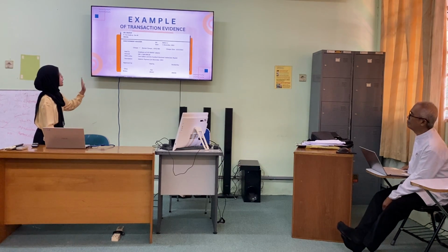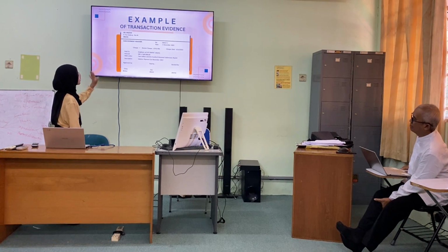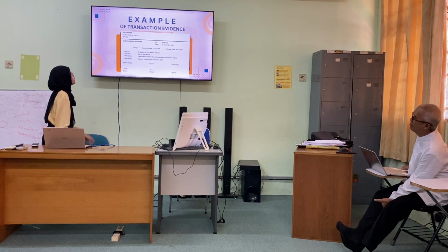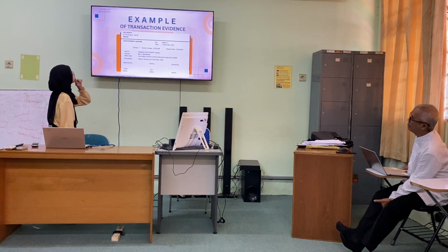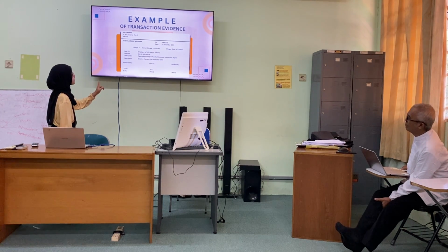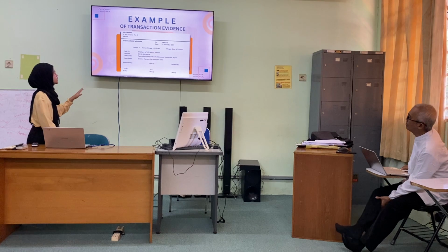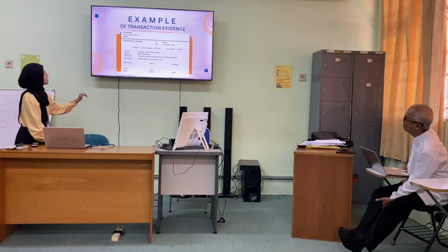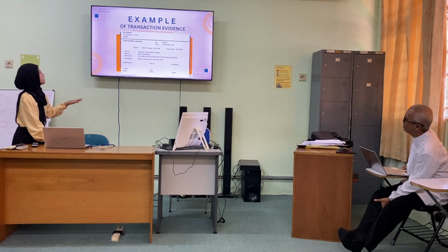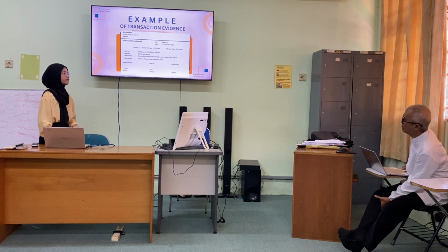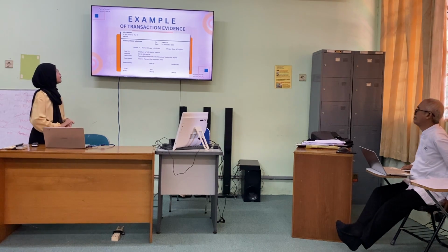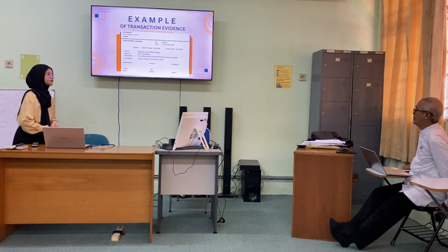The account that we use in this document is salaries payment expense for the debit, and the credit is cash in bank, amount 2,500,000 Indonesian rupiah.